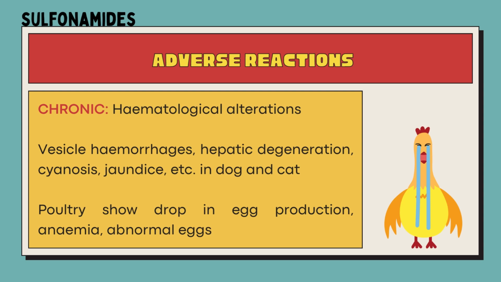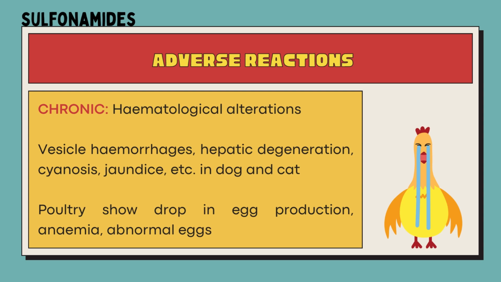Moreover, chronic adverse reactions include hematological alterations that are common, such as agranulocytosis, hemolytic anemia, reduction in cell counts and hemoglobin level, vesical hemorrhages, hepatic degeneration, cyanosis, jaundice, peripheral neuritis, such as of sciatic and brachial nerves, and myelin degeneration such as of spinal cord and peripheral nerves, which occur in dog and cat.